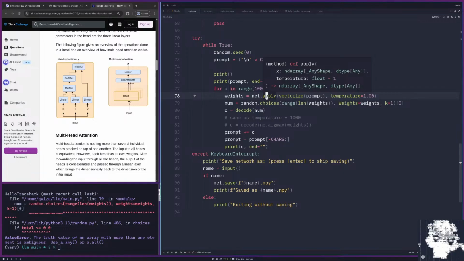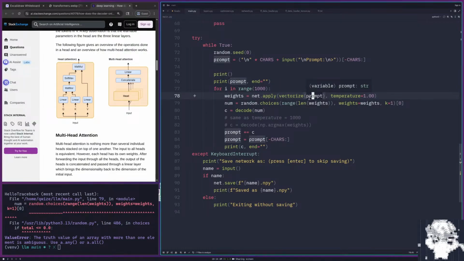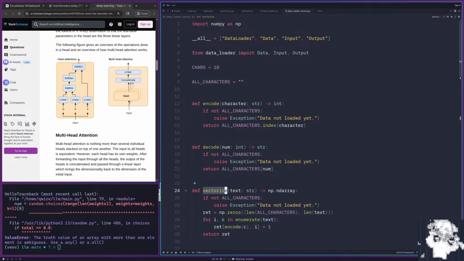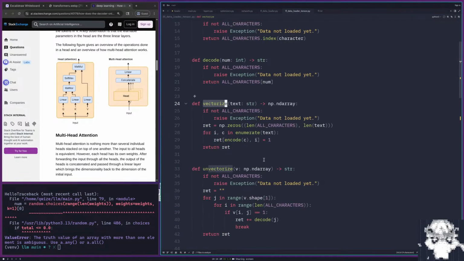So we vectorize a prompt, which should be a 2D, like a face of a matrix.